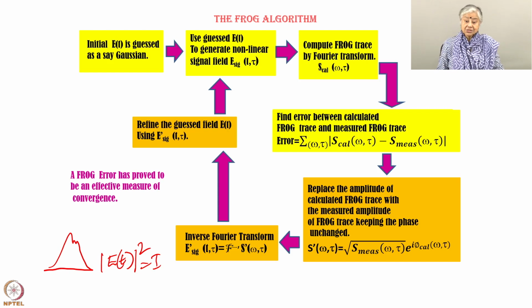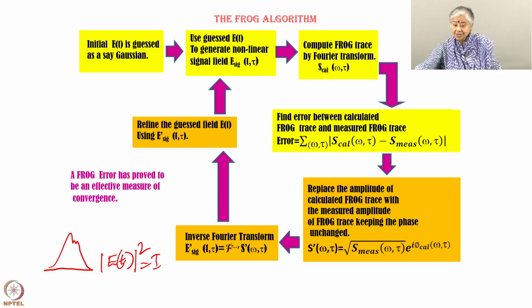The pulse, which consists of frequencies at different times, the intensities of those frequencies at different times, that is what you have measured. So you have been able to deconvolute the pulse or extract that pulse from this spectrogram.